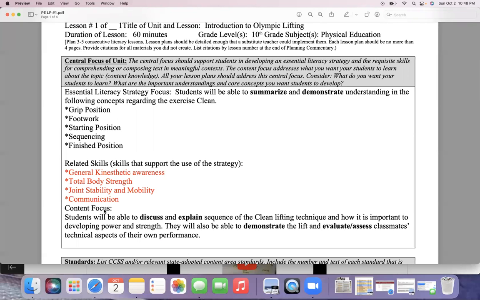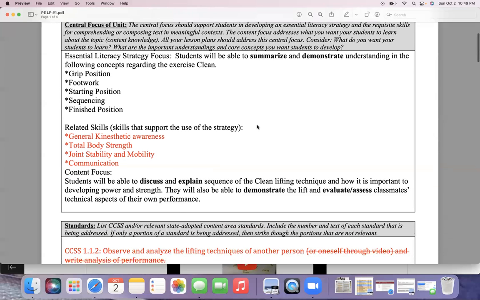For this sample, he wants the students to be able to discuss and explain the sequence of an Olympic lifting technique, and then also to be able to demonstrate and evaluate other classmates. So that will be the central focus.